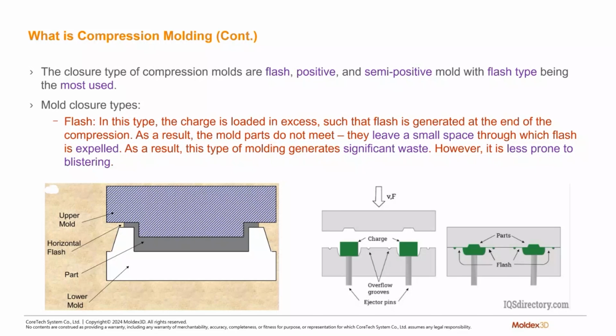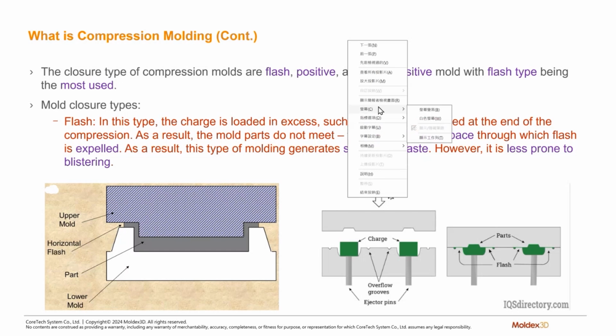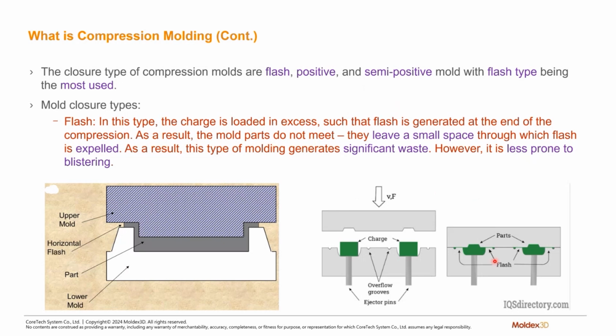Here we will mention 3 mold types of compression molding. The first one is the flash mold type. We can see the pictures on the right side.